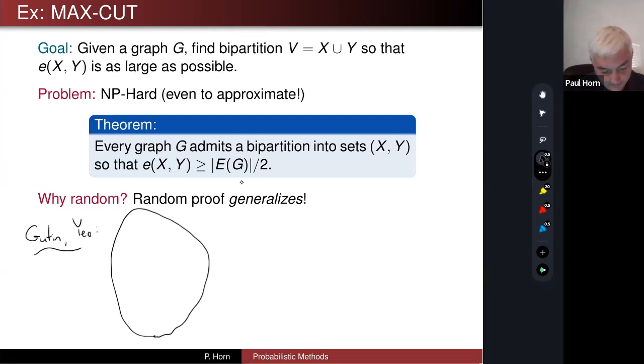They make the following observation. Suppose I know that somewhere in my graph, I have an induced bipartite subgraph. Actually, what they do is a little bit more complicated than this. So suppose I have an induced bipartite subgraph.